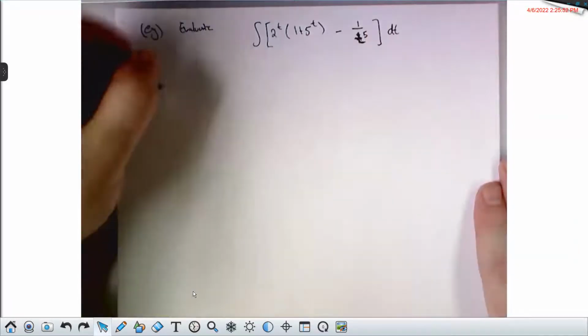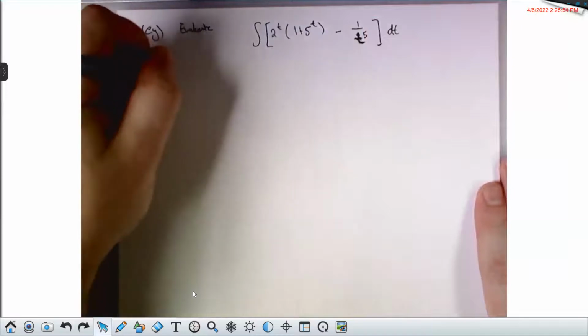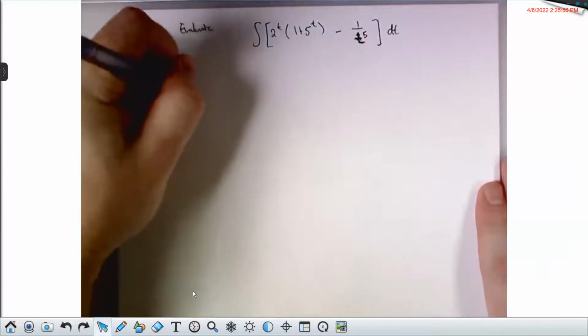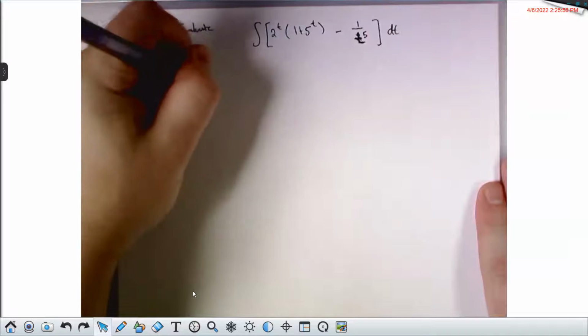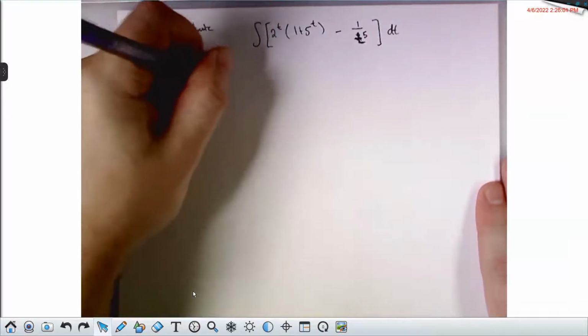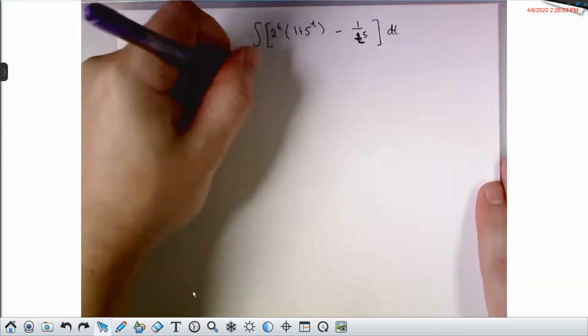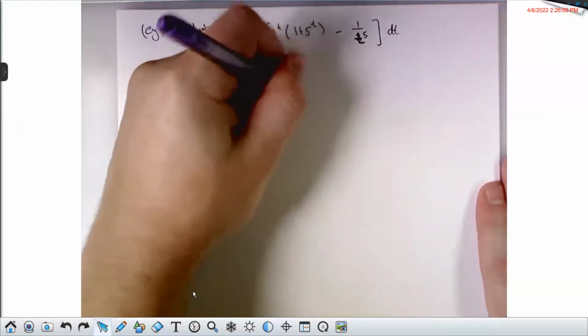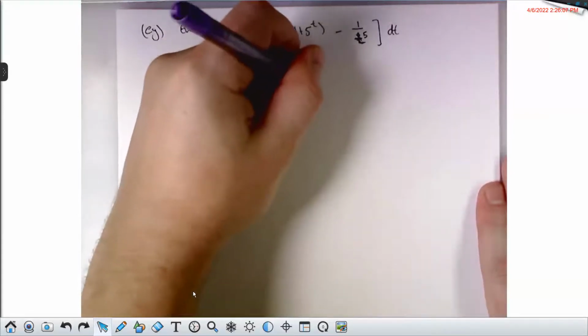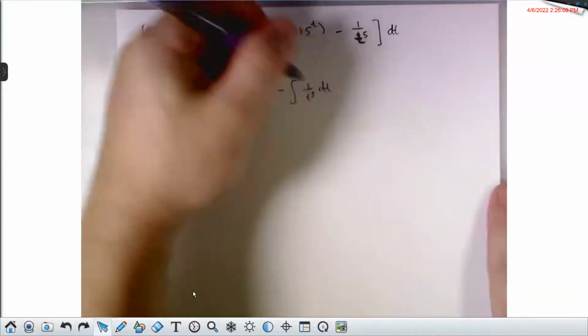Again, I think it's not a bad idea to split this up as the integral of 2 to the t times 1 plus 5 to the t dt minus the integral of 1 over t to the 5 dt.